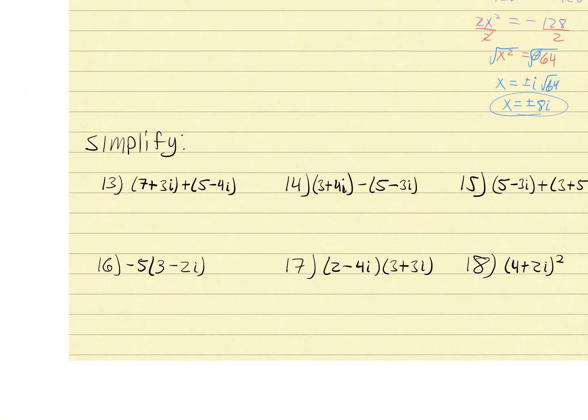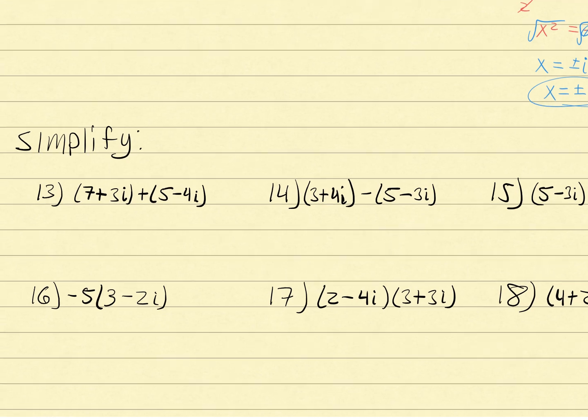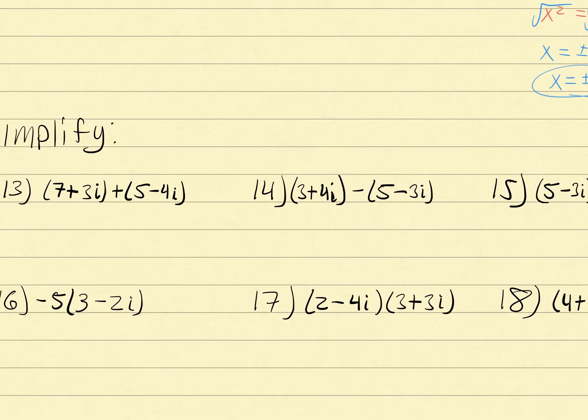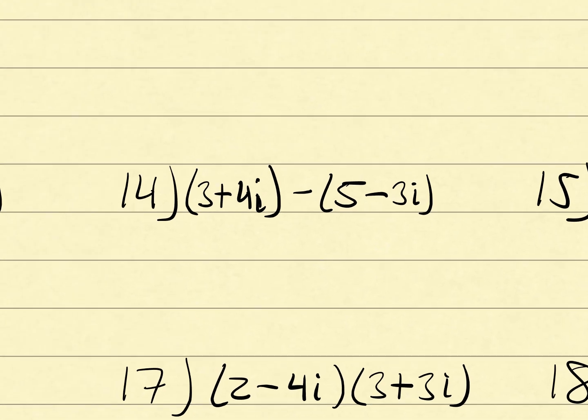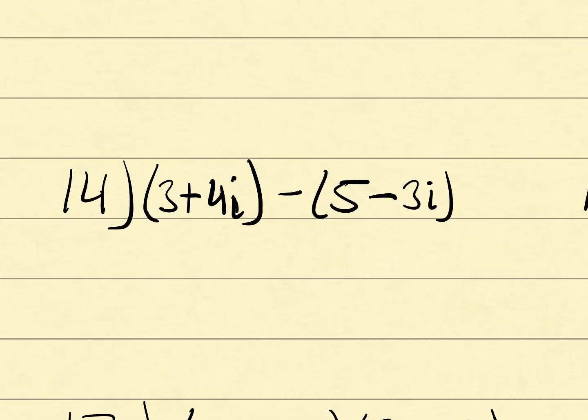All right, so now let's get into some of these where we're going to simplify. I said I'd do evens with you guys, so let's look at number 14. How do we simplify something like this? Okay, let's distribute the negative.